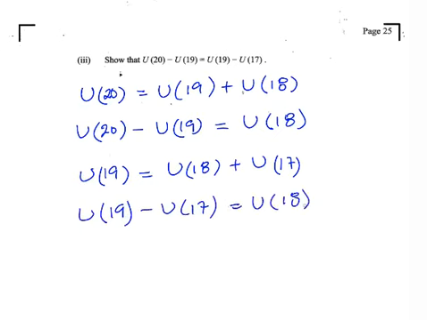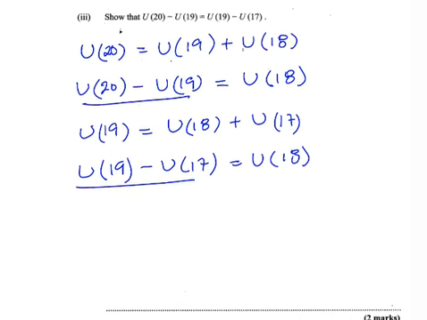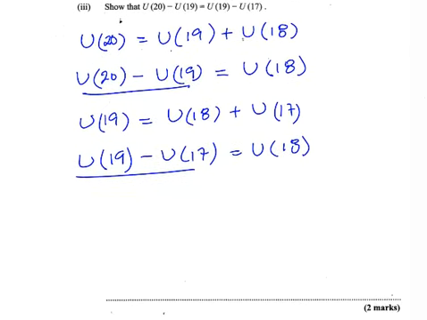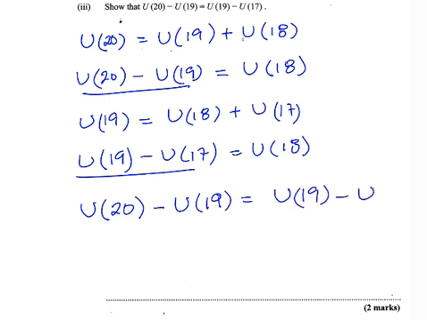Alright, so both of these, that is this here and this here, are equal to u18, the 18th term. So therefore u20 minus u19, which is u18, is equal to u19 minus u17. Alright, and that's the end of the question.